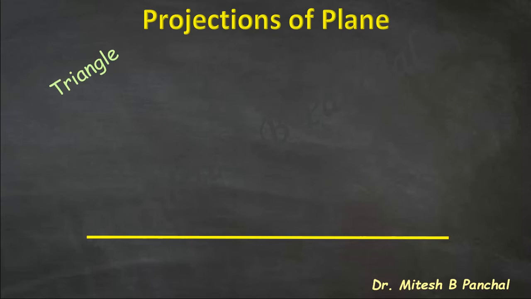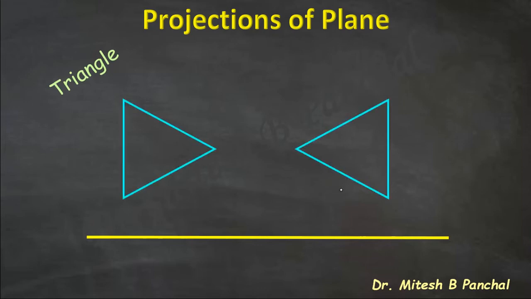Now consider the triangle. There are two possibilities. Here, in this particular orientation, which satisfies both conditions, if you consider this particular edge, then this edge is perpendicular to xy. So this can be used for the edge, and also the corner and center of the plane are parallel to xy.